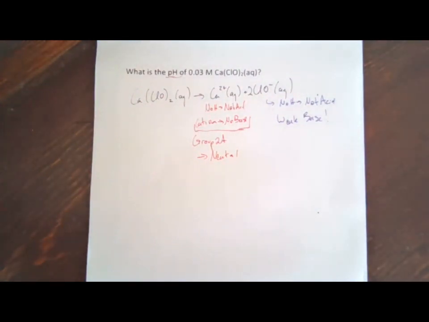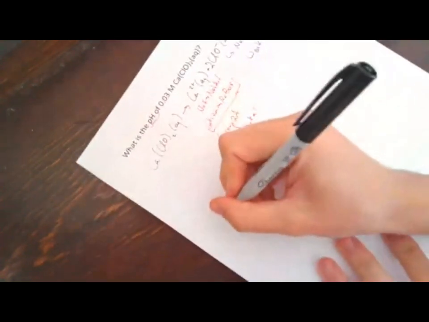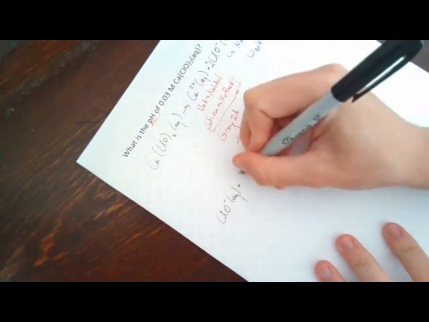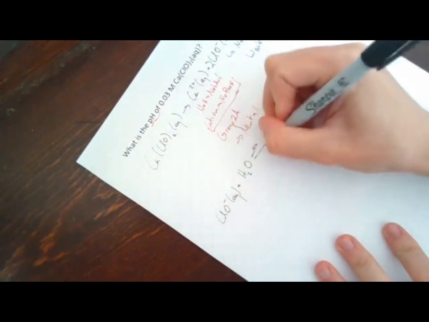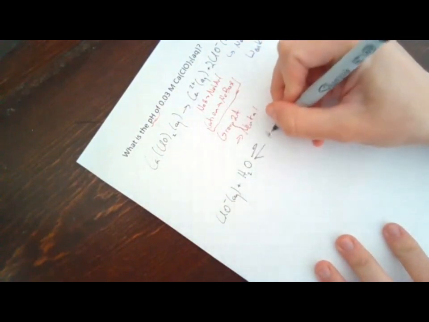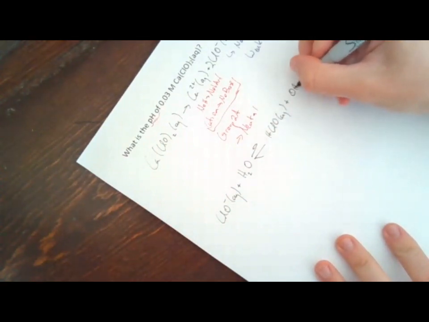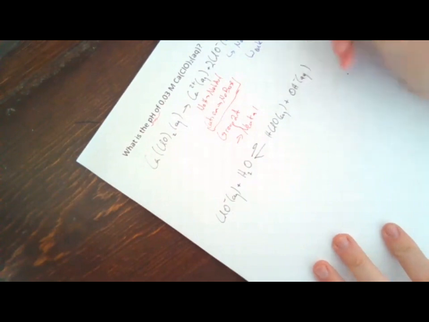ClO minus is capable of doing this reaction: ClO minus aqueous plus H2O gives me HClO aqueous plus OH minus aqueous. It is a weak base, so it's going to look like this.